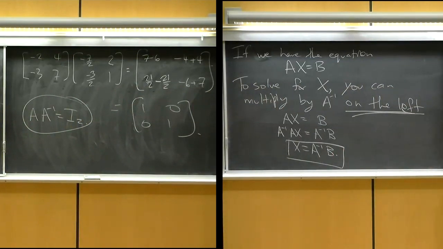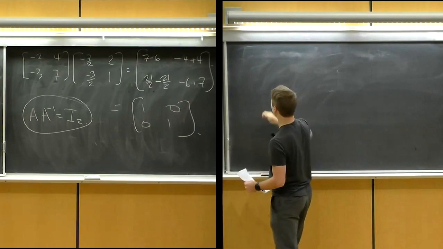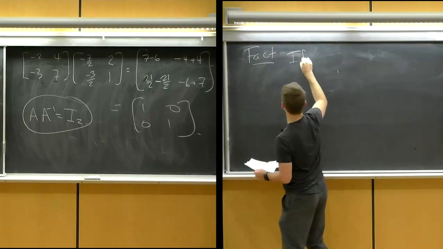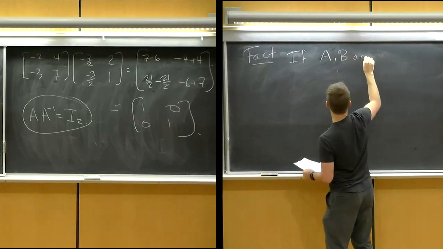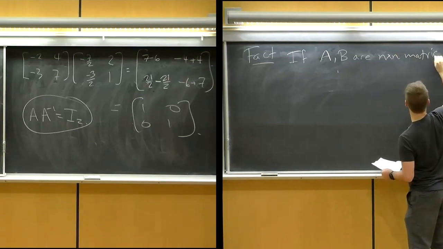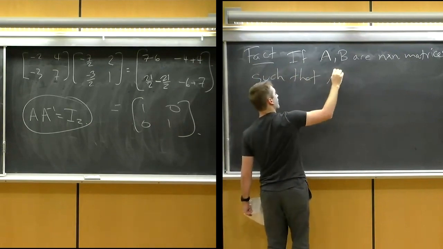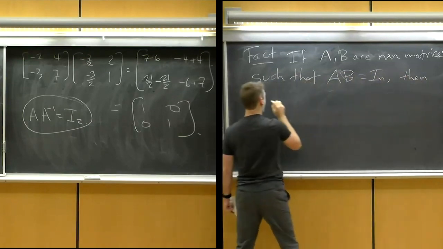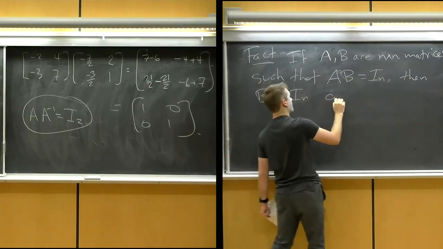This is just a general fact that if you have two matrices, both A and B are n by n matrices, such that A times B is the identity, then B times A is the identity as well.